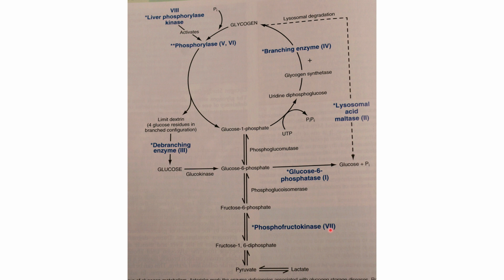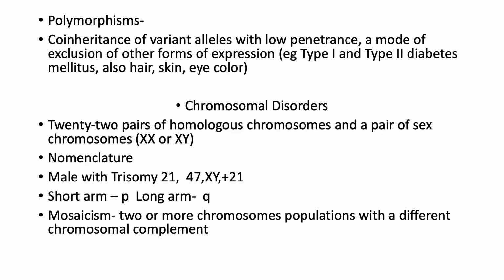Phosphofructokinase is 7. Maltase, and these are involved either inhibiting or accelerating the synthesis and accumulation of these substances. So you can have biological errors at any of these points of these enzymes with the corresponding disease.